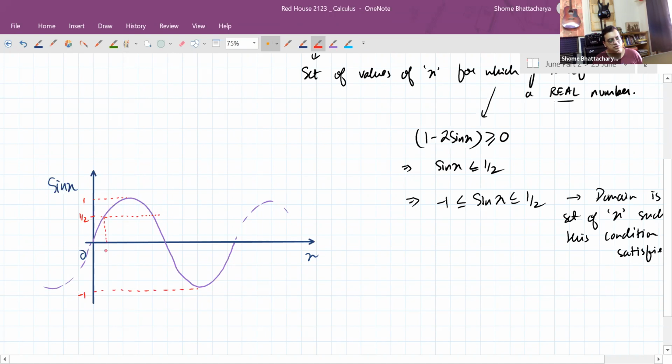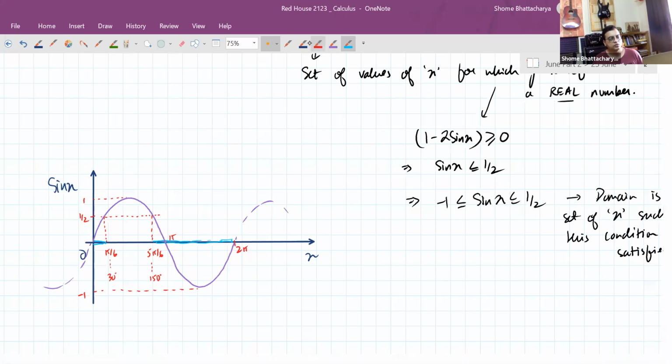So you can see this point is pi by 6 and this point is 5 pi by 6. So 30 degrees or 150 degrees. So our domain should be which part basically? It should be this part. Then this part should not be there in the domain. Then this part. And then repetition of this everywhere.